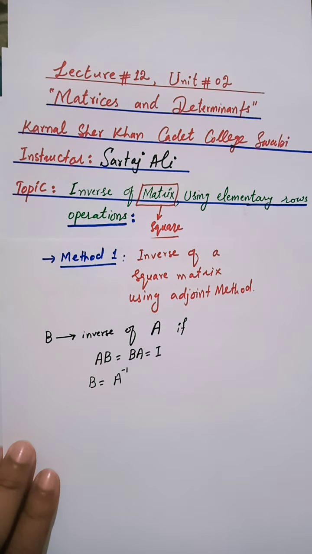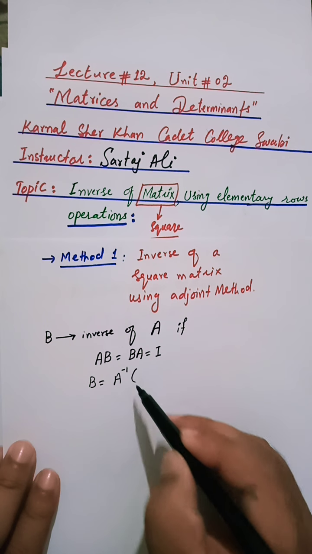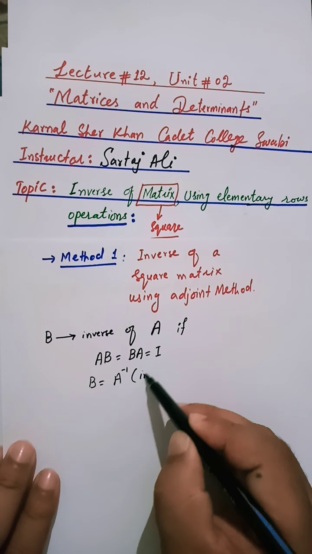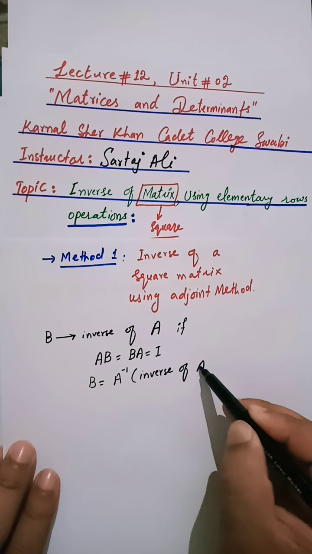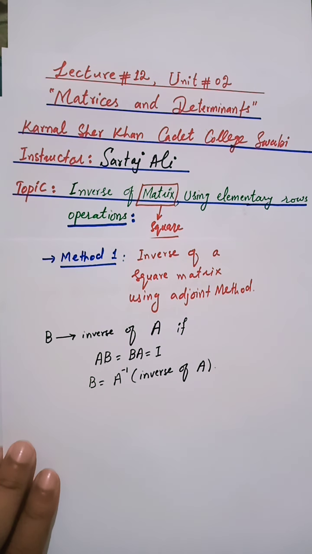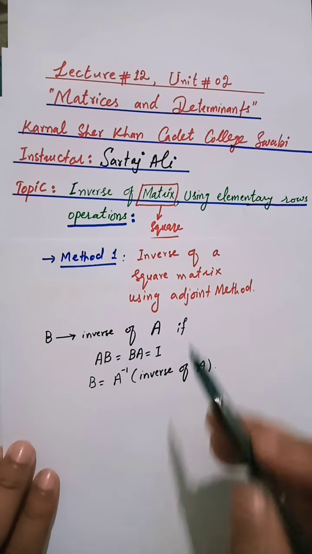It doesn't mean that this is equal to 1 divided by A, or 1 divided by the determinant of A. This is actually the notation for the inverse of a square matrix A. So this is the definition.